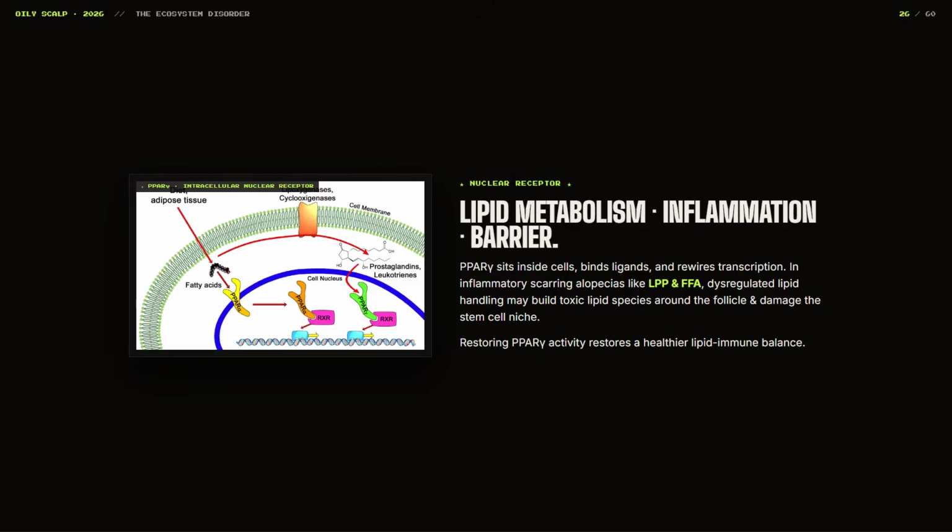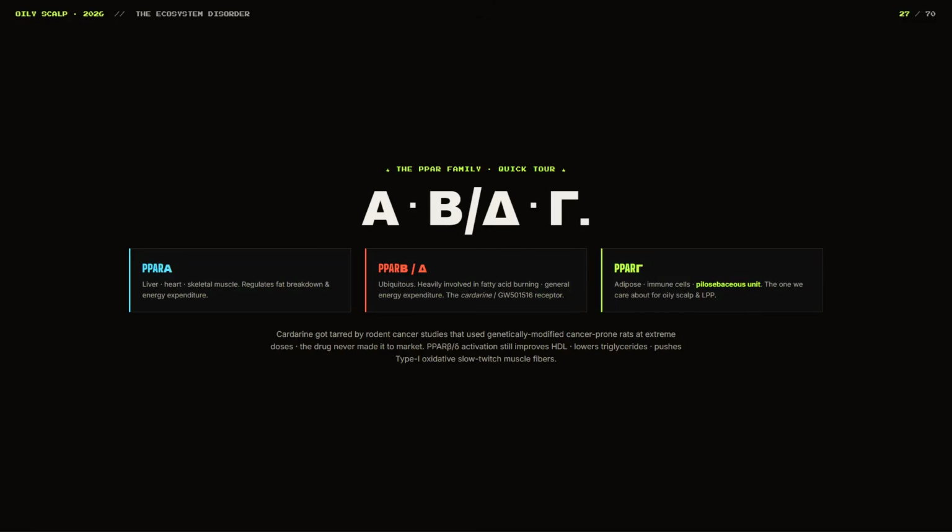Now, I mentioned PPARγ, which is what we're going to focus on, but there are other PPARs like PPAR-alpha and PPAR-beta and delta. PPAR-alpha is primarily found in the liver, heart, and skeletal muscles, and it regulates the breakdown of fats and energy expenditure. PPAR-beta and delta are found ubiquitously throughout your body, and they're heavily involved in burning fatty acids and regulating general energy expenditure as well.